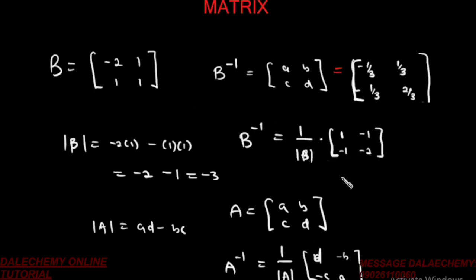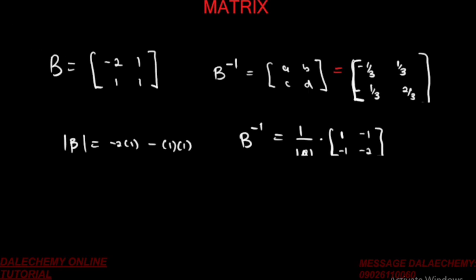So in this case, B inverse will be 1 over the determinant of B, which is minus 3, as you calculated. So that's going to be 1 over minus 3, then times this, which is [1, -1; -1, -2].